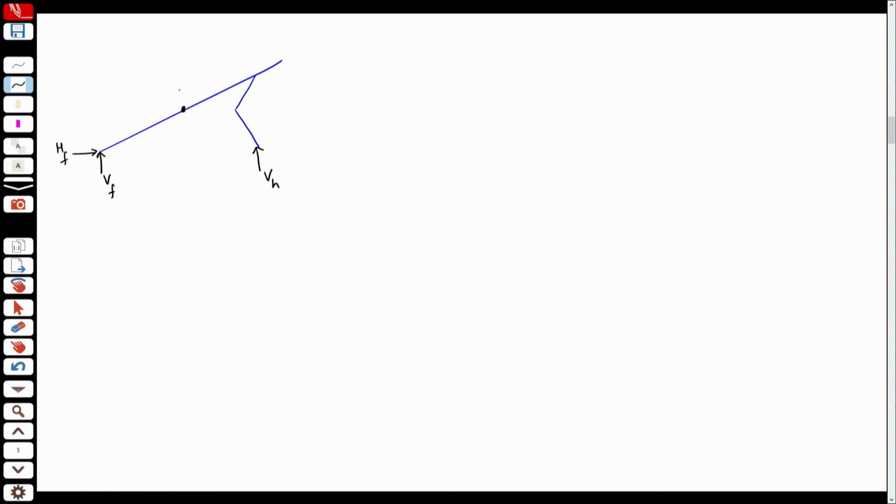At C, I have mg acting, this is theta, and this is equal to an acceleration and I_C alpha, that is equal to I_C theta double dot. That is my kinetic diagram.